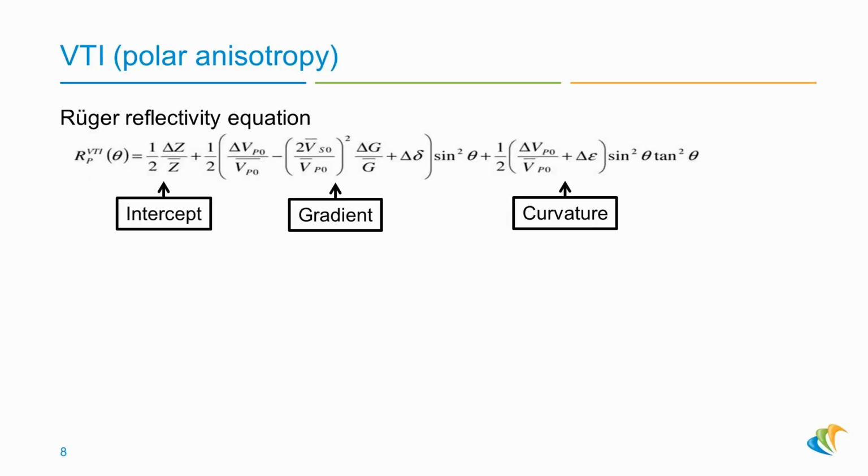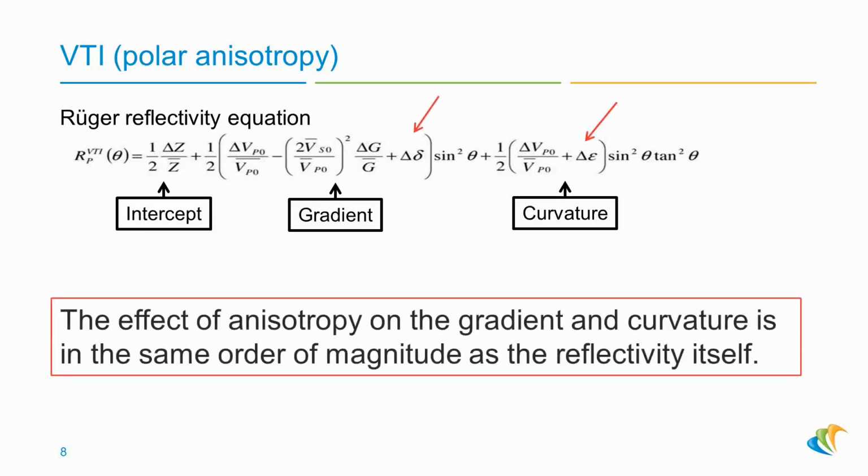What you see here is the anisotropic equation for polar anisotropy, and there are two terms in here which are the Thomsen parameters, delta and epsilon. Delta and epsilon typically for anisotropic environments are in the order of 10–20%, and the contrasts you see there, the VP contrast and the other contrasts you see here, are in seismic data typically between 1 and 10%.